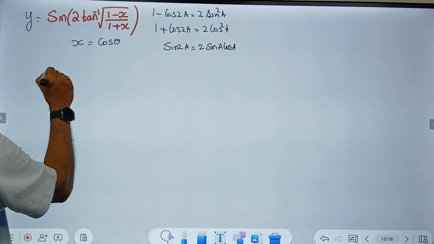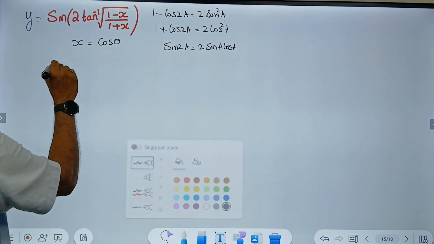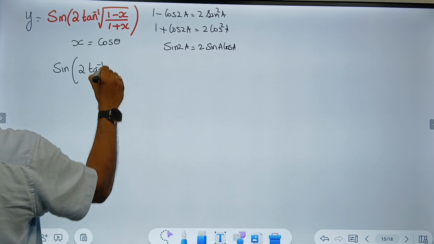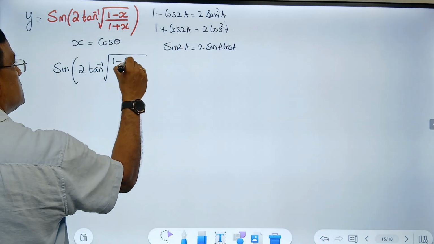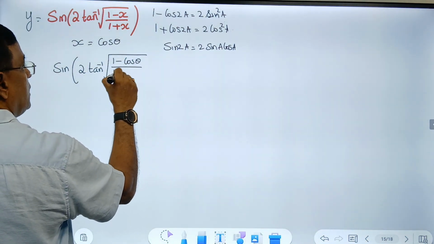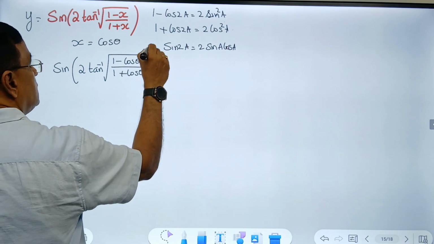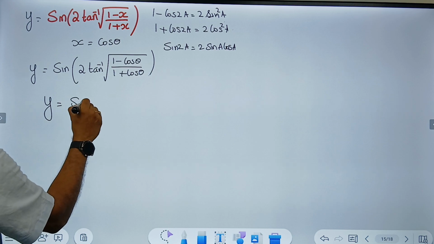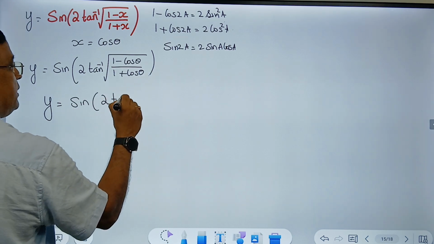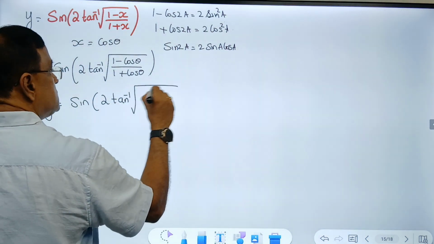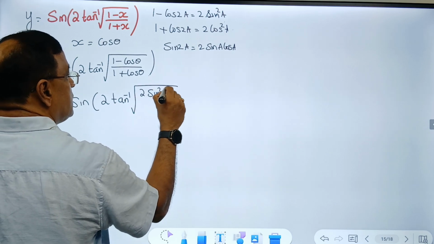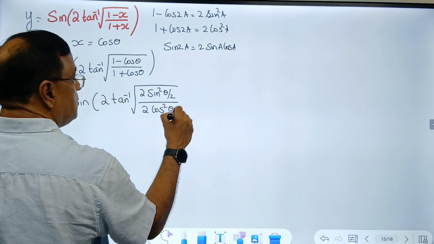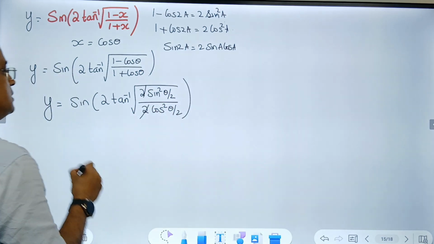What is that? Sine of 2 tan inverse of root of 1 minus cos theta by 1 plus cos theta. This is y. So y equal to sine of 2 tan inverse of, this is 2 sine square theta by 2 by 2 cos square theta by 2. 2 and 2 cancels.